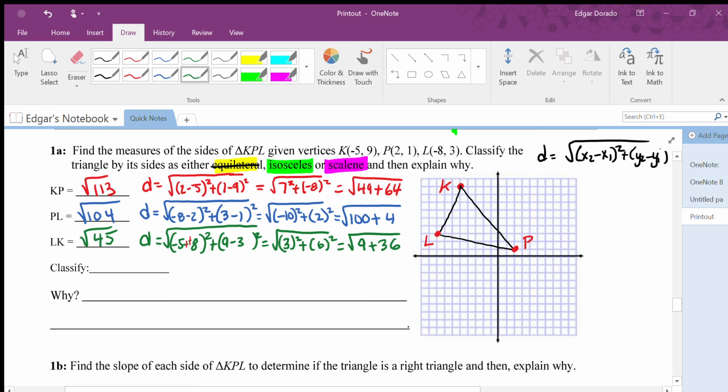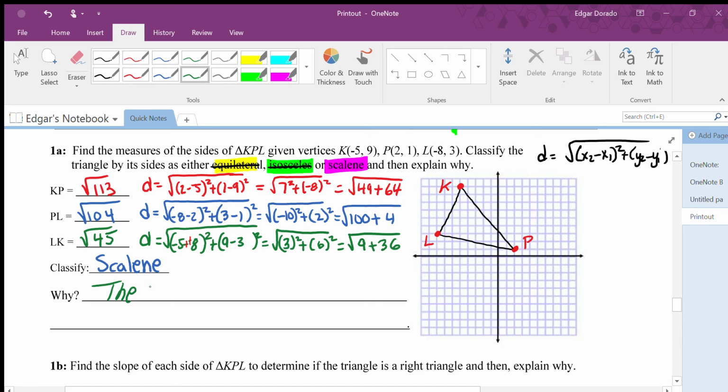So I have all 3 of my lengths there. Now, what do we notice then? Well, none of those are exactly the same. So not only was it not equilateral, it's not possible to have an isosceles since they're all different. Meaning that we have what kind of triangle here? We have a scalene. And we'll go ahead and answer why.